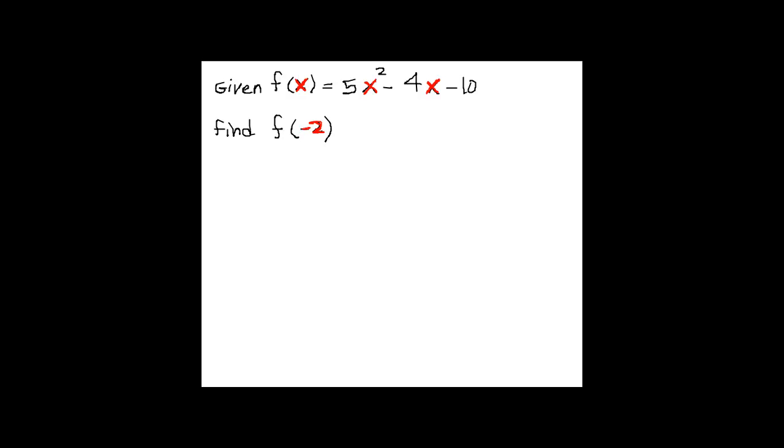So the rest of you, I asked you to substitute here. So let's go ahead and continue with that. Thank you, Kevin. For each x, we're going to substitute minus 2. As simple as that.